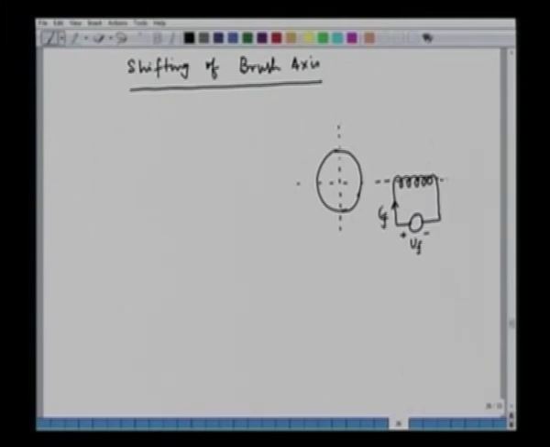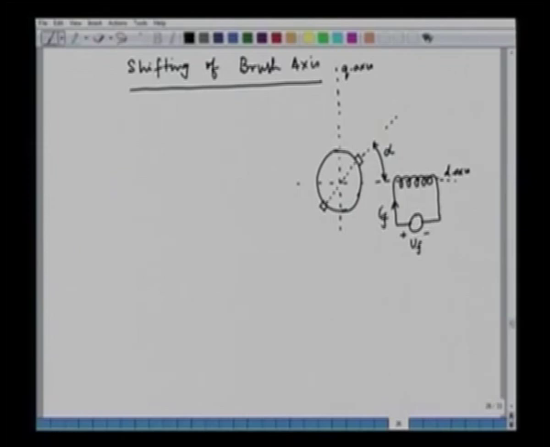This is the D axis, and this is the Q axis. The brushes are shifted and they are placed in this direction, and this angle is alpha. So, this is the situation that we have.